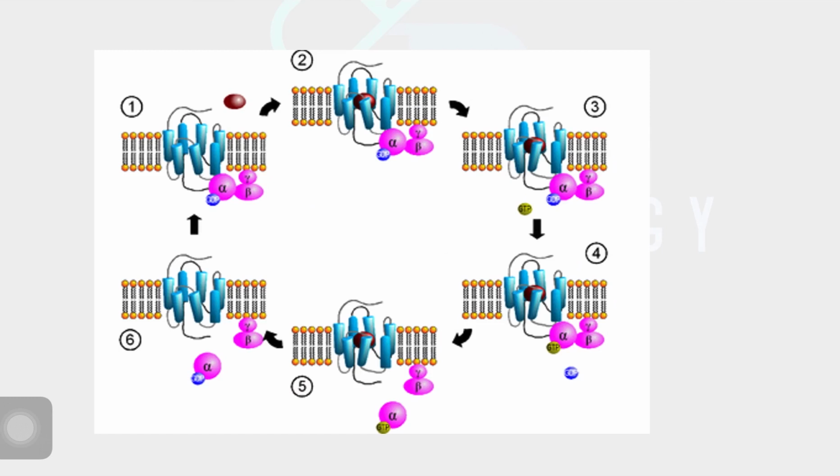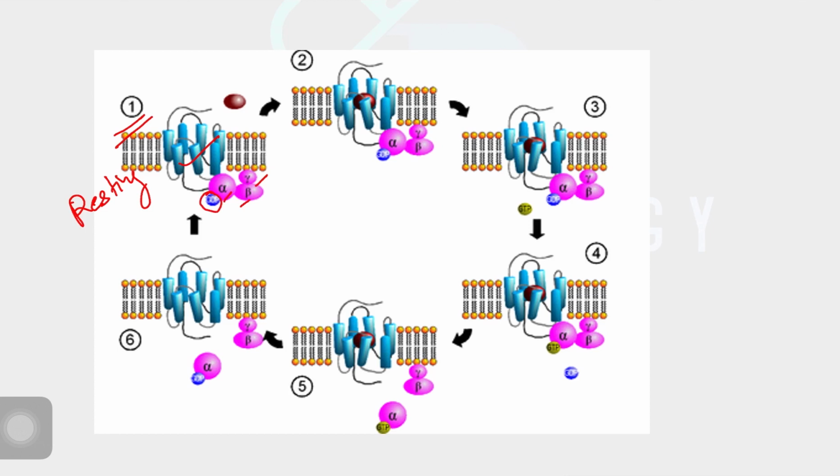Now we need to understand the resting phase and activation phase of this G protein, and it is described in this figure in different steps. The first step is the resting state, where there is a G protein, the spanning helices, and a G protein having 3 different subunits, with GDP attached to the alpha subunit.